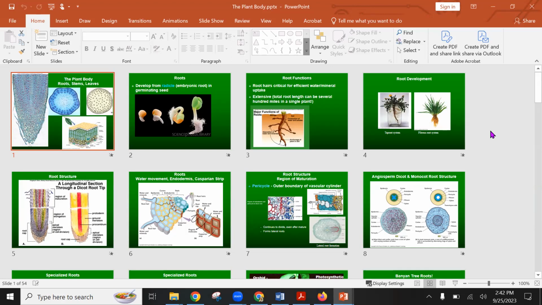So root anatomy, the basics of root anatomy overall with the taproot versus fibrous, but then also looking at the zones. So slide 5, when you look at the different zones of the root tip area, just the tip leading all the way back to the zone of maturation, the region of maturation.